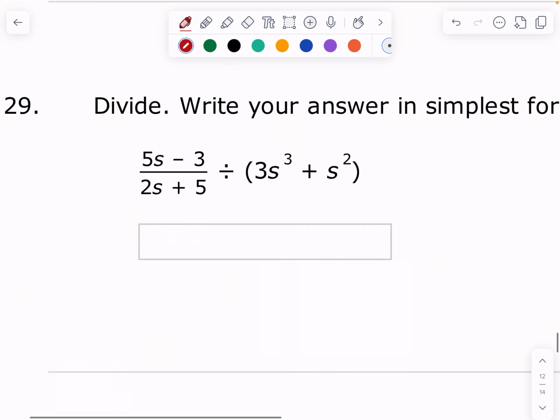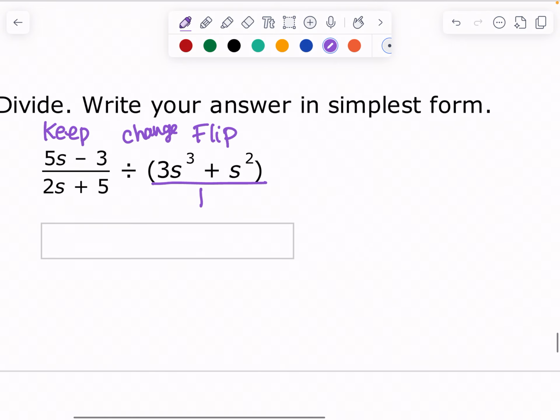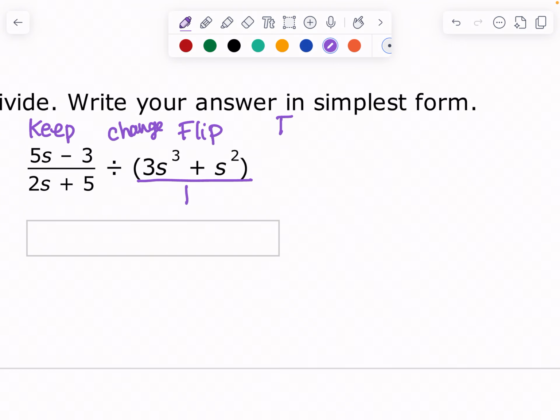29. Sorry that I'm going kind of fast. We're going to do keep, change, and then flip. And when you're flipping, if it's just a number like this, it goes over 1. And then the next step after these is we're going to factor and then maybe cancel. So keep, change, flip, factor, cancel.